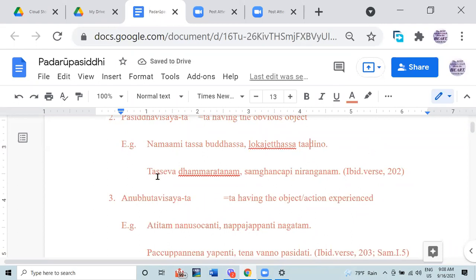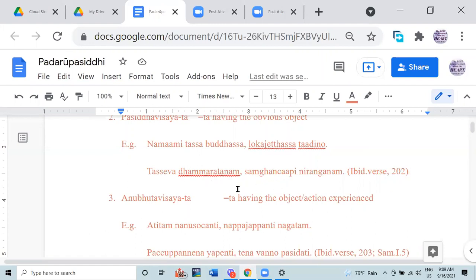And then Tassiwa Dhamma Ratanan Sankan Chabi Nirangana. From that same book, Sarata Jalini, verse 202.